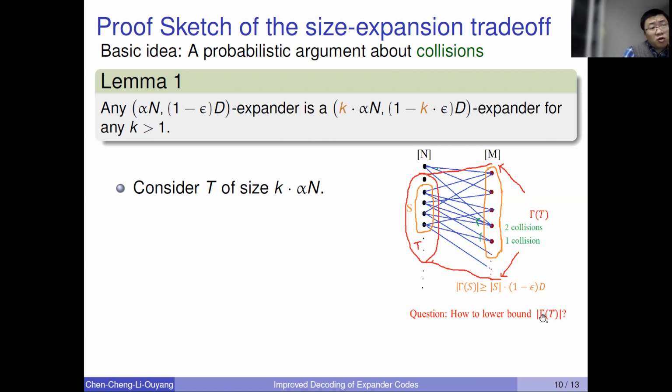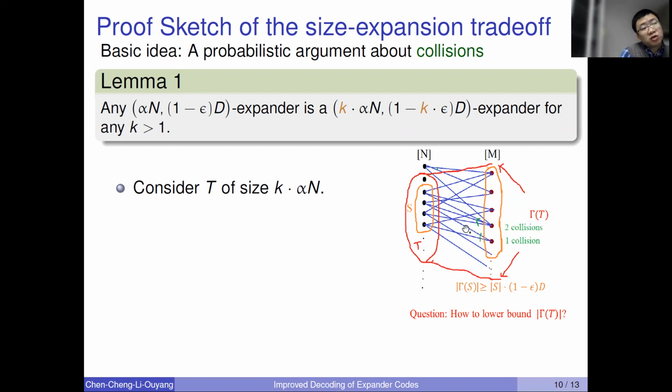we will show how to bound the size of gamma T in this slide. So let me tell you how we define collision. So basically, a collision is a pair of edges from a fixed subset, could be S or T, that have the same right endpoint.